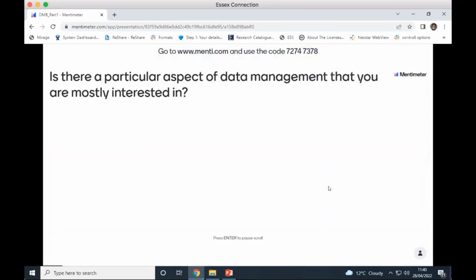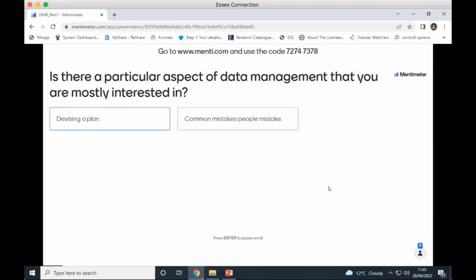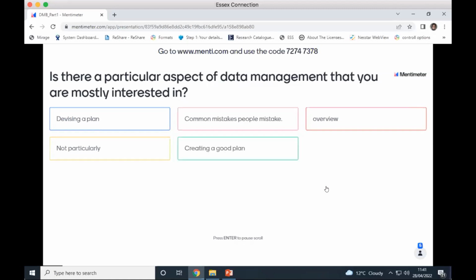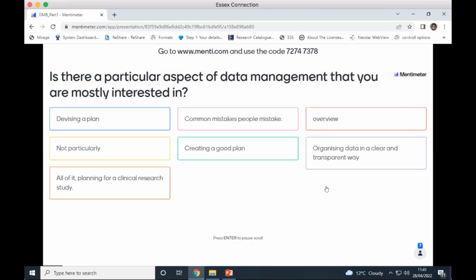It would be interesting to know if there's a particular aspect of data management that you are mostly interested in, perhaps the reason why you chose to join our workshop today. If you just type in the answer, then I should also be able to refer you to other resources we have. So we have devising a plan.